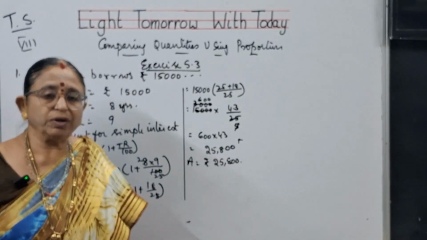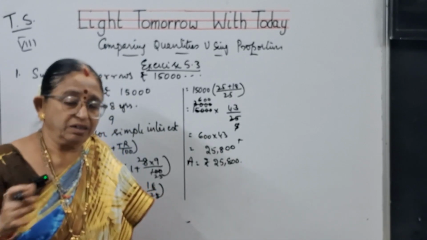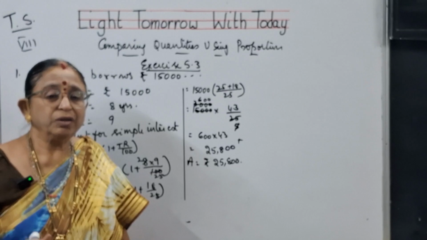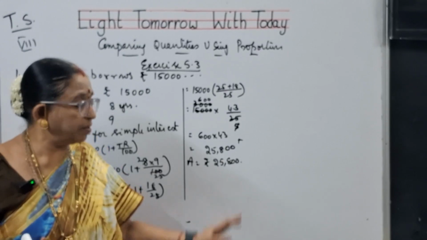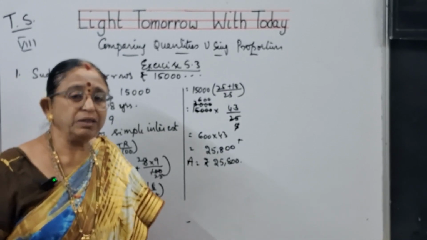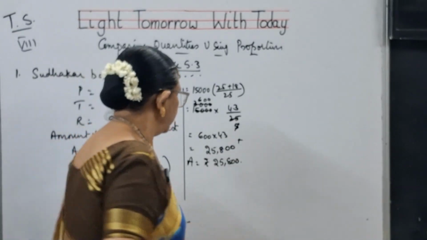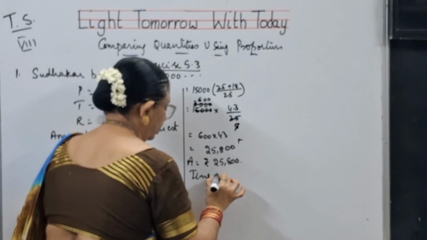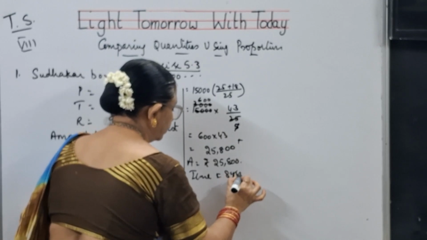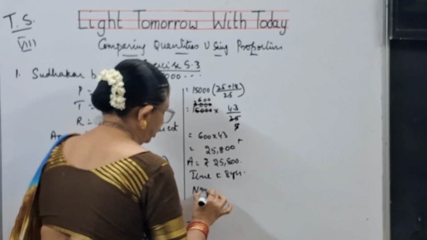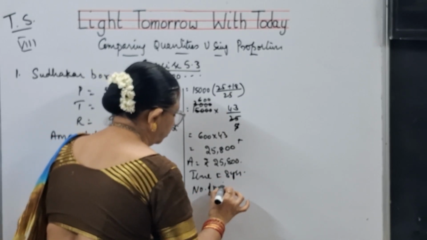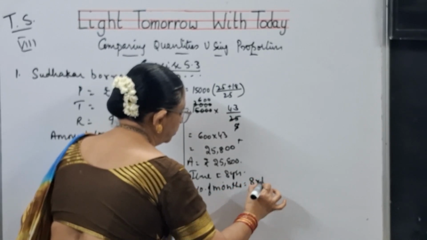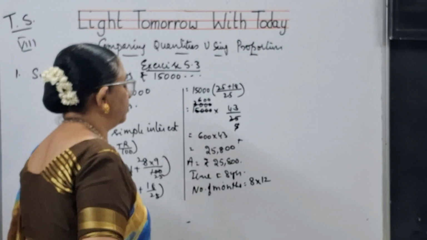Now the question is what? In these 8 years, he will have to pay a little amount monthly. So how much does he have to pay every month? Every month means, time is 8 years, no children. Time is equal to 8 years. So how many months will he be paying? Number of months is 8 years into 12, because 1 year contains 12 months.